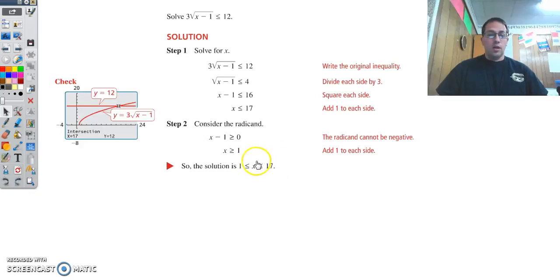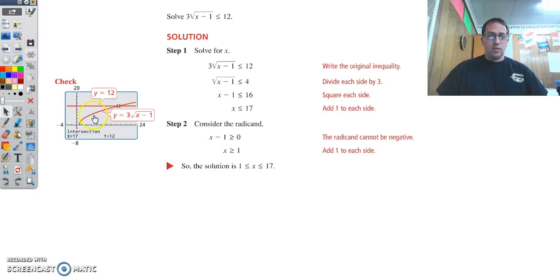All right? And if you look at this on the graph, here we have 12, what we're looking for. And here we have y equals 3 square roots of x minus 1. And we want this curve to be less than our straight line here, our constant function. They intersect right here at x is 17.